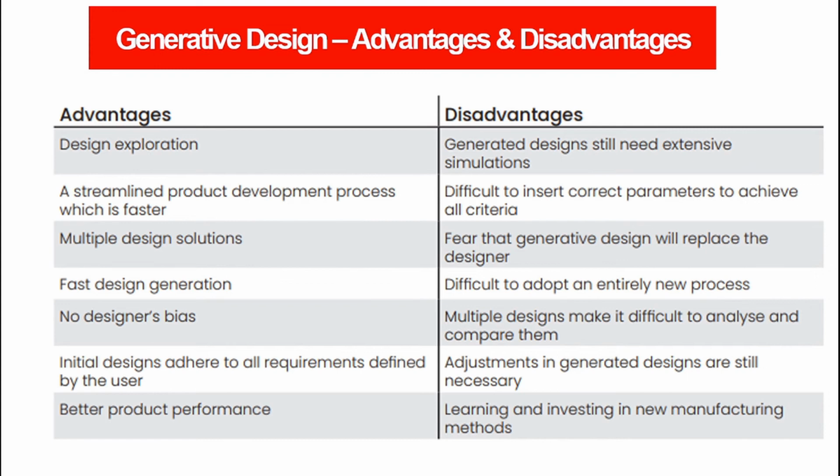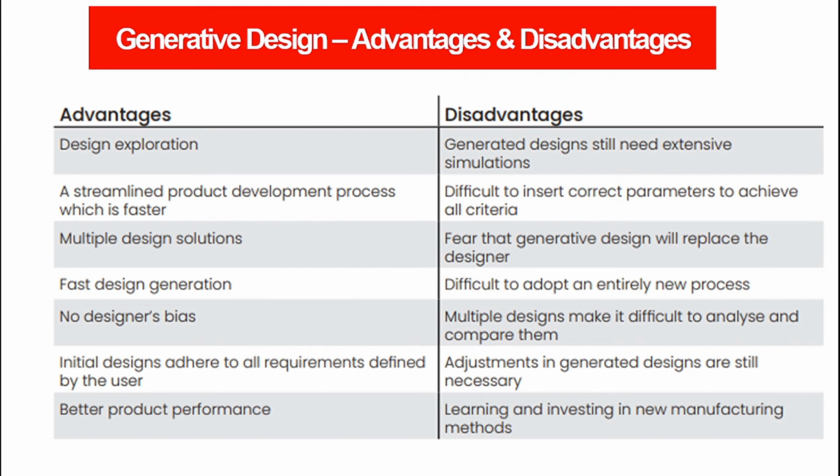But the disadvantages and challenges currently in place are that it still requires human intervention. Extensive simulations are required by the user, and only certain manufacturing processes have been put in the model. So multiple other manufacturing processes have to be input, and then it would be an overall effective solution.